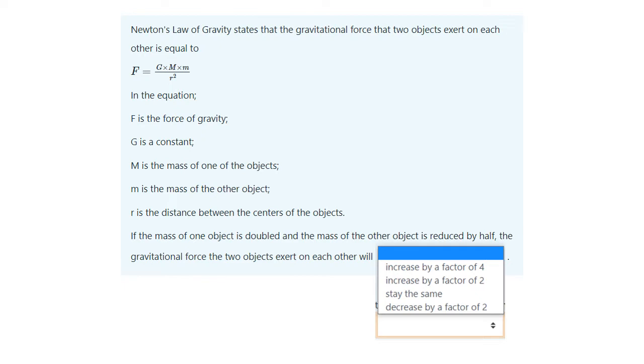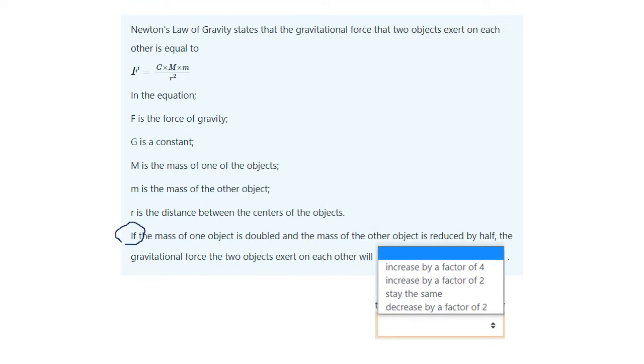Now we're going to use this formula. Newton's law of gravity states that the gravitational force that 2 objects exert on each other, the force of gravity, is equal to the constant times the mass of the first object times the mass of the second object divided by the distance between the objects squared.